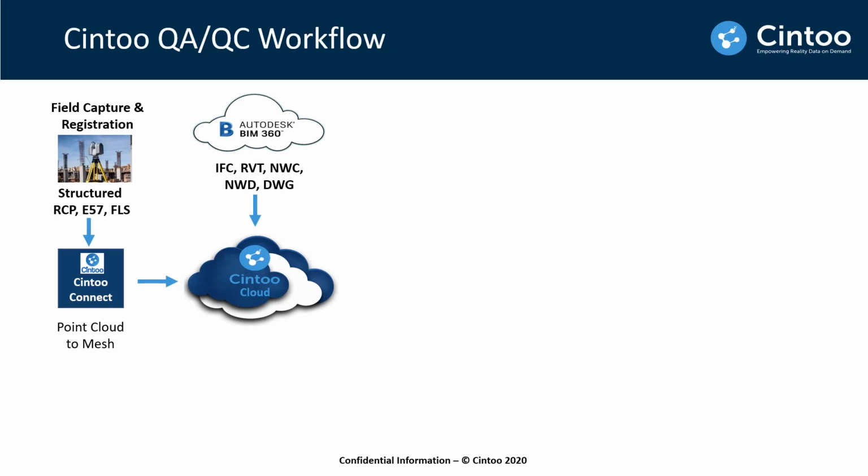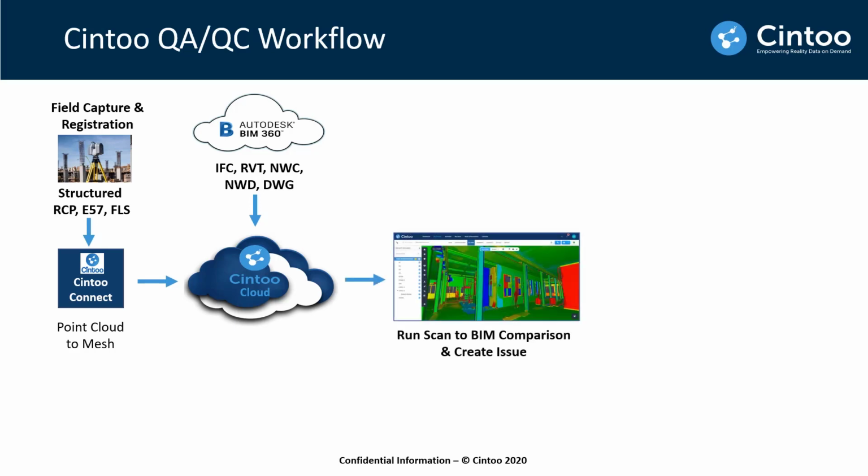Keep in mind that we can connect to model data as well. So we can bring in IFC data from your desktop or local network, as well as connect to BIM 360 and bring in Revit drawings, Navisworks drawings, or 3D DWGs as well. Once this data is all inside of Cintoo Cloud, we can then run a scan to BIM comparison and create issues.